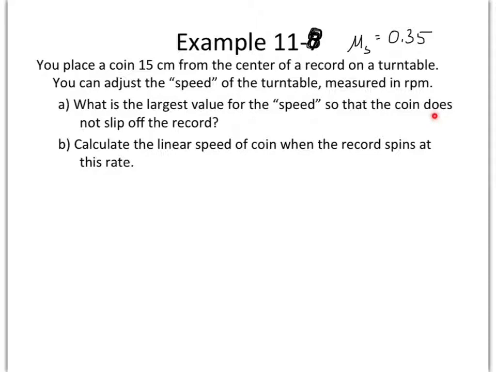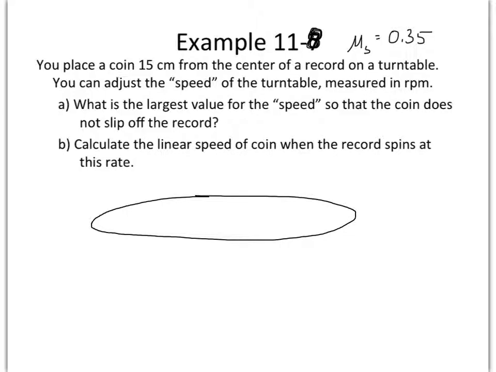the record? All right? So let's go ahead and see if we can sketch this and make some sense out of it. All right? So here's our record kind of on an angle like that. And that's not a bad ellipse right there. And right here is the center, okay, where the little pin is, the middle of the record.